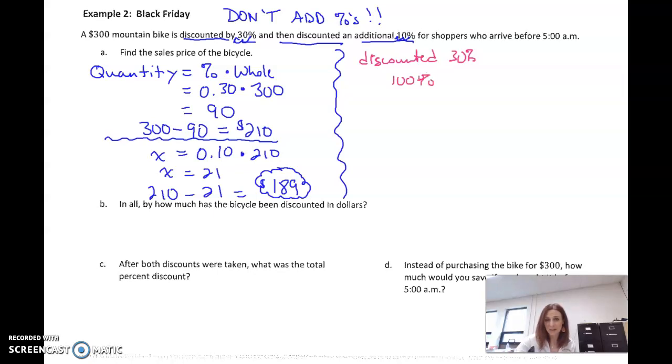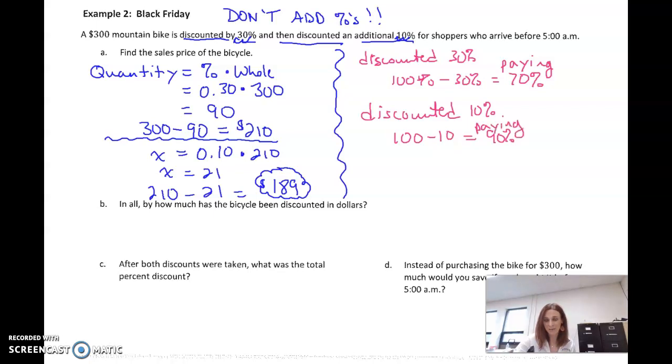You got 100% minus 30%. We're paying 70% of it, right? And then if that's discounted 10%, what are we paying? We're paying 90%, right? Because again, it always comes back to that whole total.